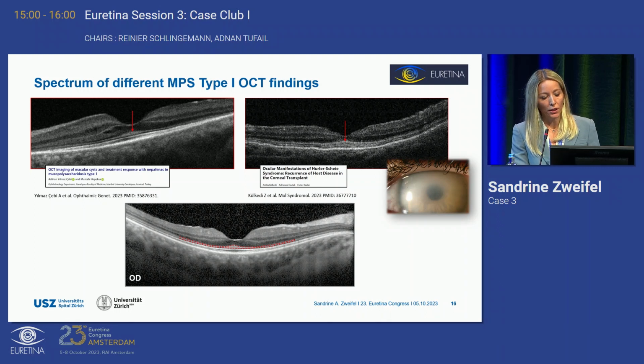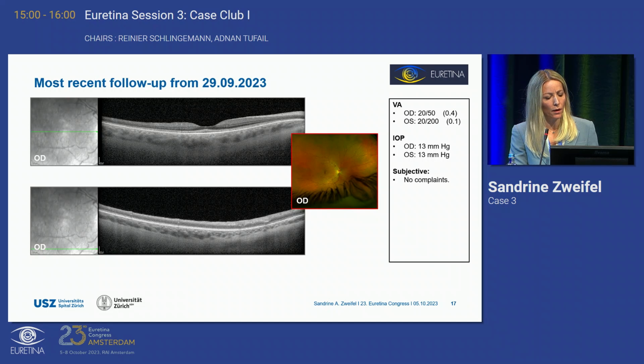When we go into the literature, interestingly, when you look at MPS type 1 OCT findings, usually it's described just to have this hyperreflectivity in the foveal center, but I hope I convinced you that in our case, it's really a widespread disease.